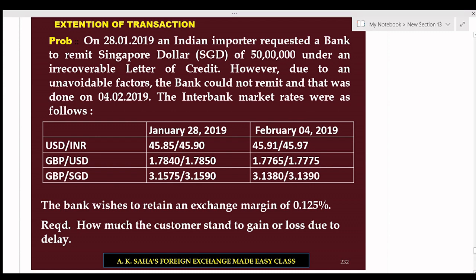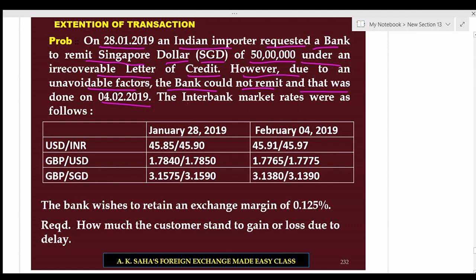On 28 January 2019, an Indian importer requested a bank to remit Singapore dollar SGD 50 lakhs under an irrevocable letter of credit. However, due to unavoidable factors, the bank could not remit, and that was done on 4th February 2019.